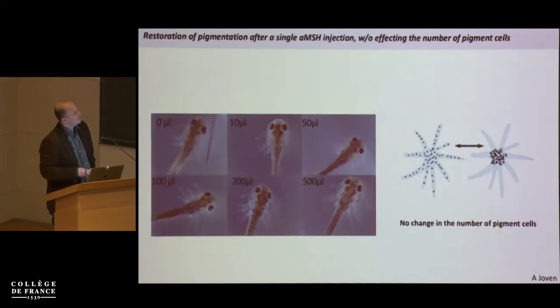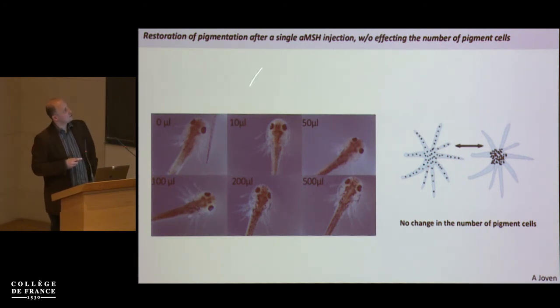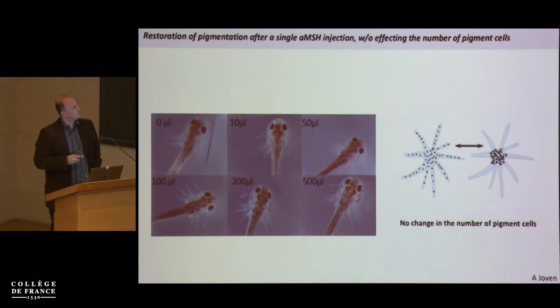Now, that the pigmentation defect depends on that shows this experiment, that a single shot of the hormone actually restores the pigmentation phenotype. What we see is actually that it's not that the pigments are lacking, but they are actually concentrated, and upon hormones, they are redistributed normally.